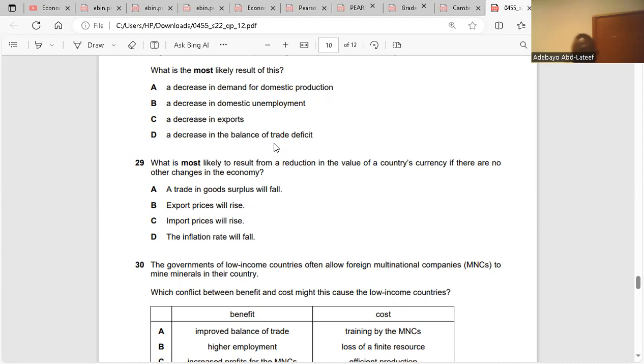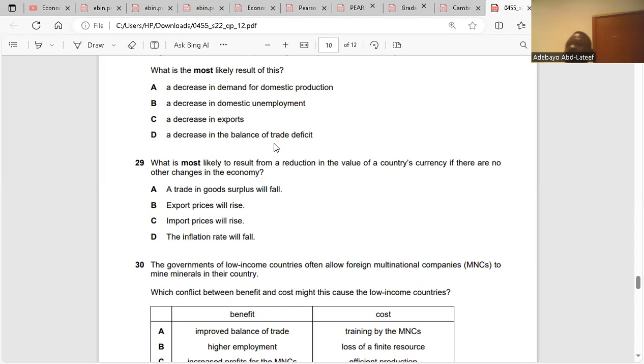Just calm down. If the value of your country's currency falls, that would increase exportation because the prices of exports would fall. Your country will become internationally competitive. But at the same time, importation would reduce because the prices of imports would rise.